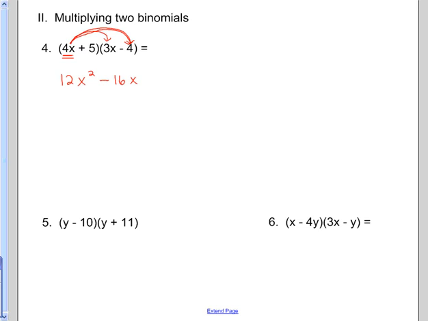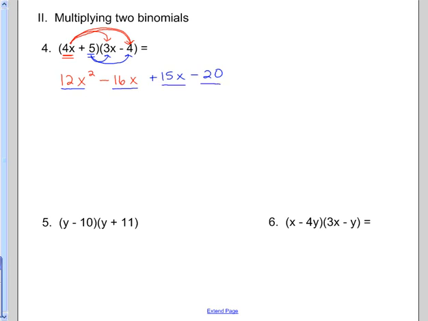Then I have to go back and distribute the second term in the binomial. So 5 times 3x would be a positive 15x. 5 times negative 4 would be a negative 20. When you multiply two binomials, you will get 4 terms in your first step.